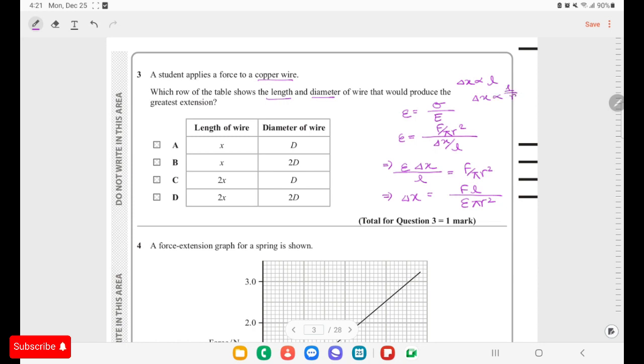So smaller radius, larger length. In that case, only option C is the correct answer. As you can see, 2x means larger length, and D means the original length or at least smaller length, whereas the others don't have any change in length. They have more radius, again more radius. So these are all wrong options. Only C is the correct answer.